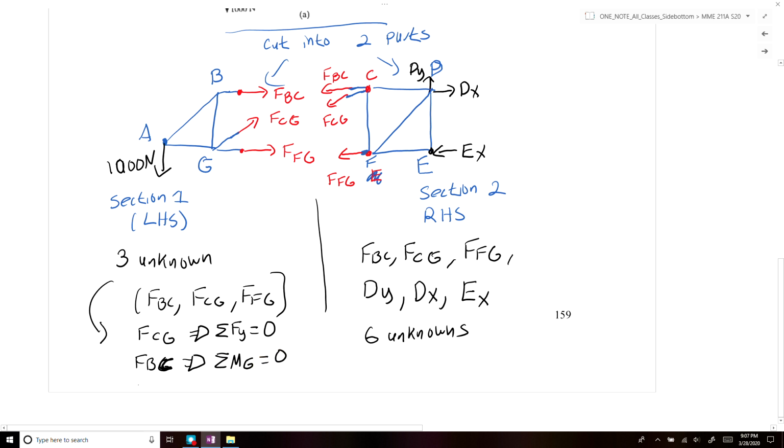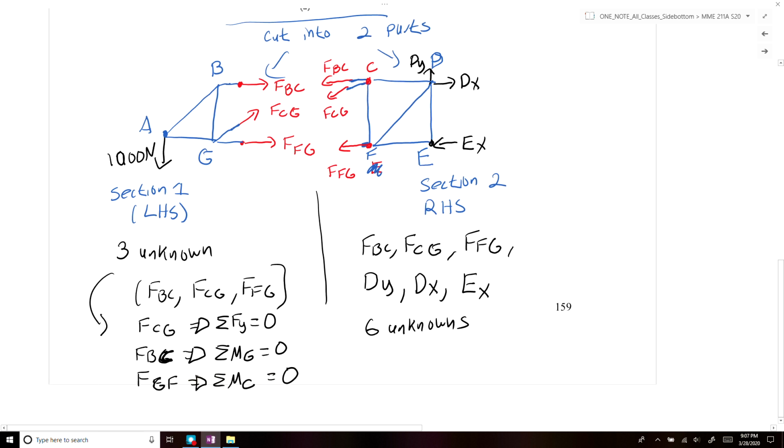And to find FFG or GF, you could sum the moments about point C and set those equal to 0. So once you take the section cut, it just turns into a rigid body equilibrium problem like in chapter 5. You just use the 3 equilibrium equations for 2D and solve for the unknowns.